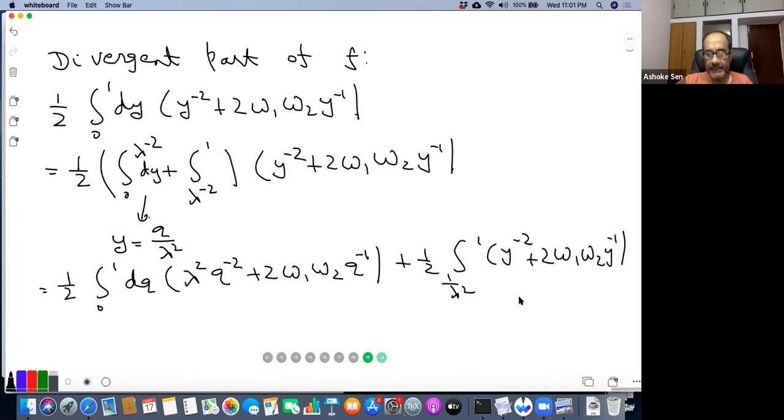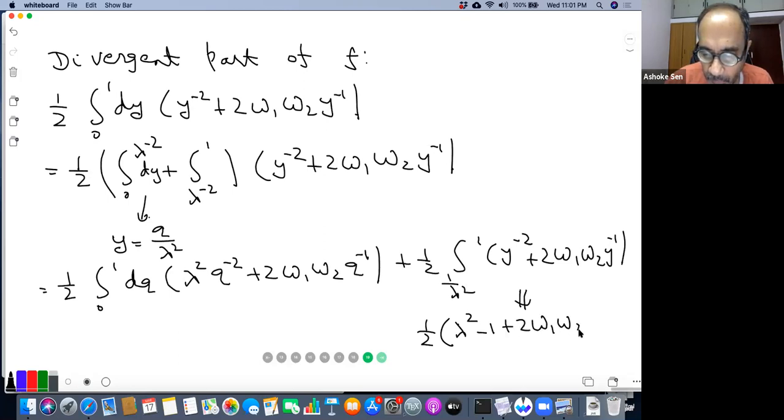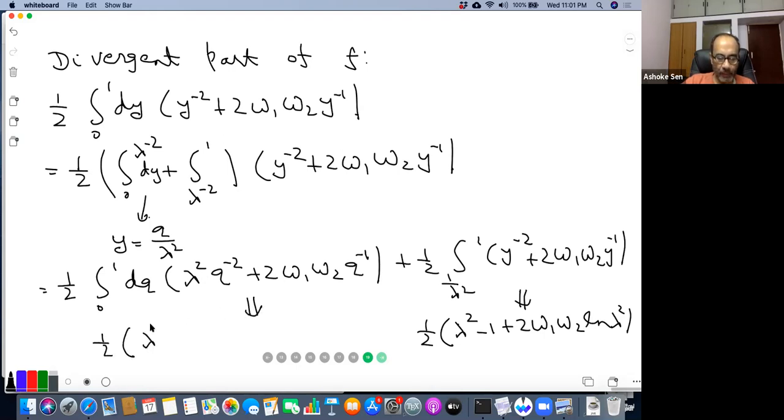Okay, so this is an elementary integral, right? This you can easily do. So this gives you half times lambda square minus 1 plus 2 omega 1 omega 2 log lambda square. In this integral, you see this is integral dq q to the minus 2. The rules of string field theory tell us that this should be replaced by half times lambda square times minus 1, because q to the minus 2 means an L0 equal to minus 1 state.